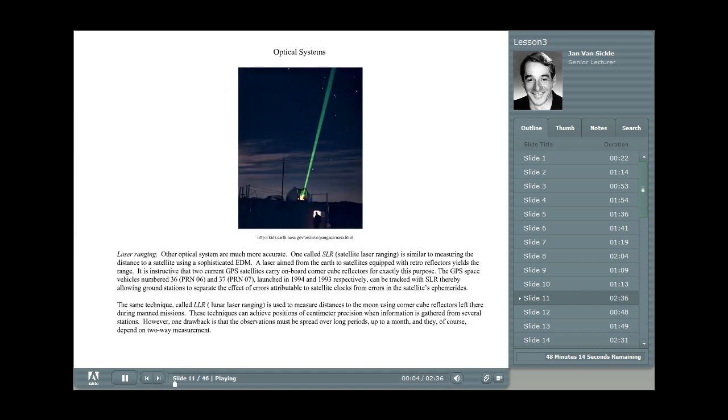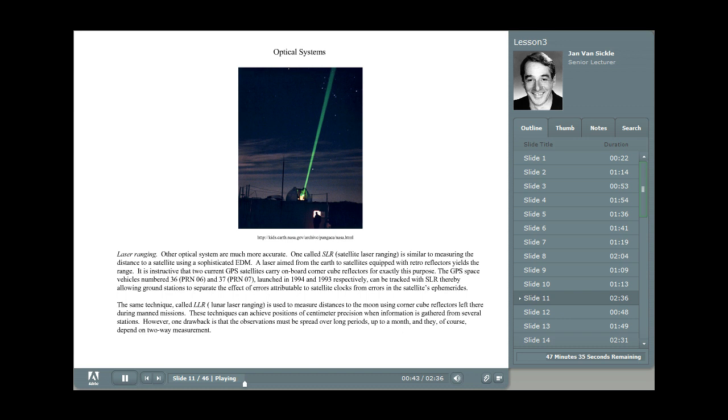We discussed EDMs earlier, and it's possible to use EDMs as an optical system to determine distances. Satellite laser ranging, SLR, can measure distances using an electronic distance measuring device, an EDM, using a laser that points from the Earth to the satellite, and of course obviously the reflectors on the satellite then can return that signal to the terrestrial sensor.